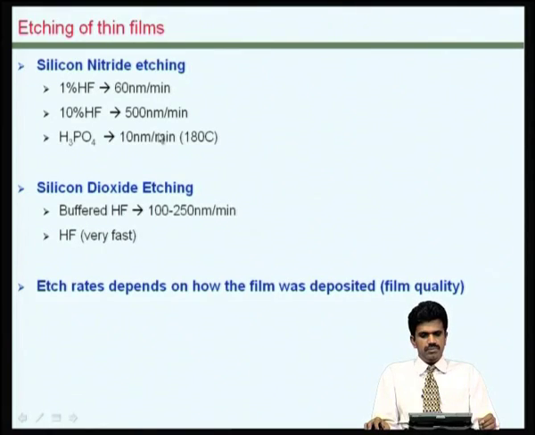Etching of thin films: silicon nitride can be etched usually using phosphoric acid. Silicon dioxide can be etched using HF solutions.